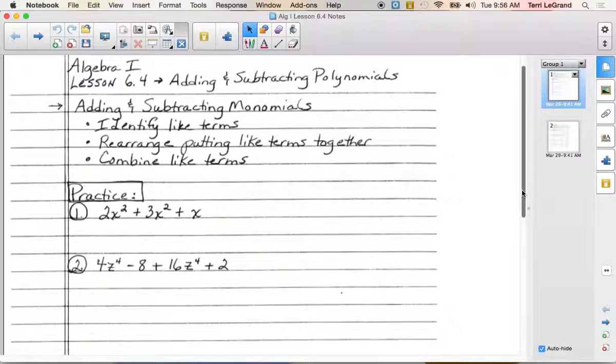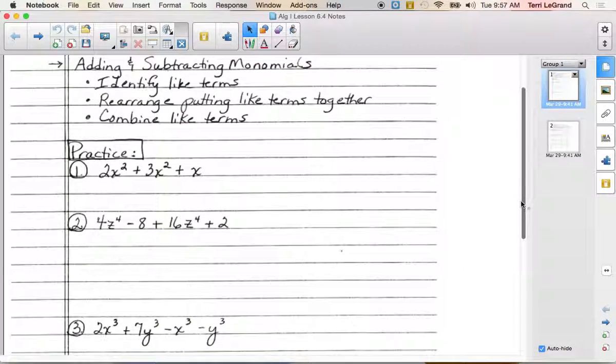Okay, so in our adding and subtracting monomials, which is what we're going to start with here, we just have monomials that have addition and or subtraction signs between them. We're going to identify our like terms, rearrange putting those terms together in order, and combine like terms.